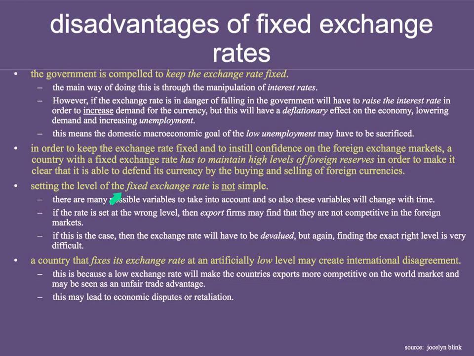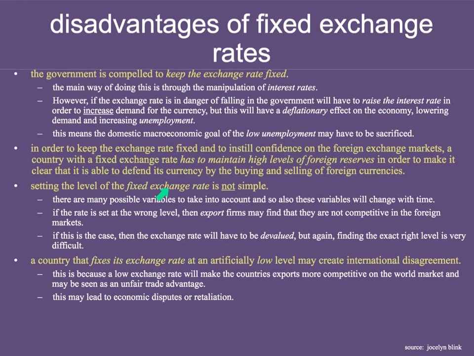What that means is that Barbados, in the example that we had, is going to have to somehow manage to keep a high level of US dollars or euros or some sort of major currency in reserves so that it can prove that if there is an increase in demand of Barbadian dollars, they can quickly buy up the excess Barbadian dollars and push the price back down to its fixed rate.